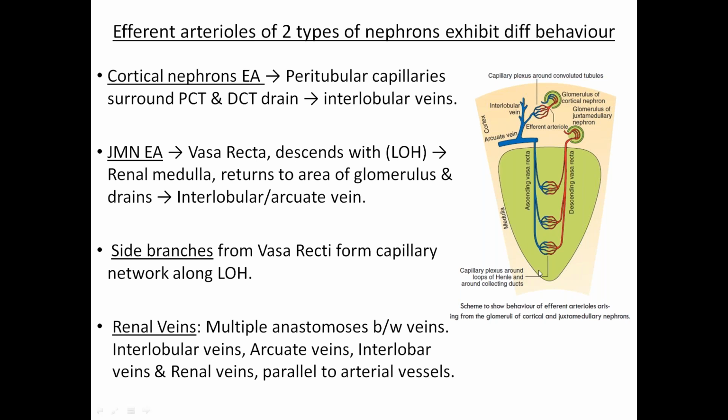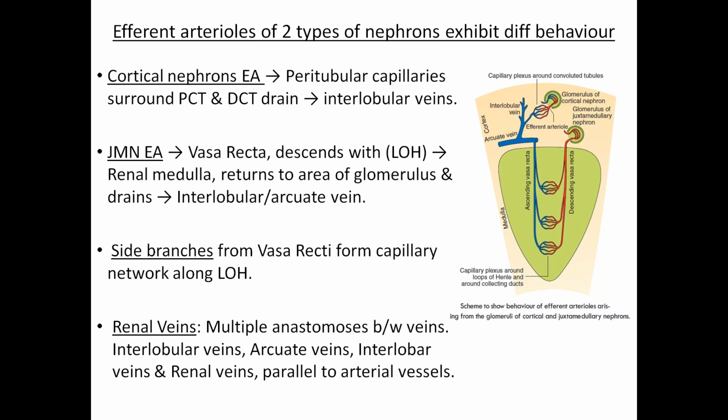And you can see that there are some side branches also arising from vasa recta, which form a capillary network at different levels along the loop of Henle. So these are the two capillary networks arising from efferent arterioles of the two kinds of nephrons.